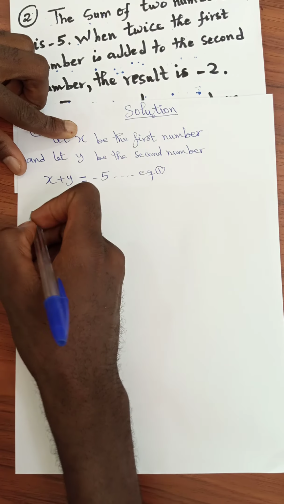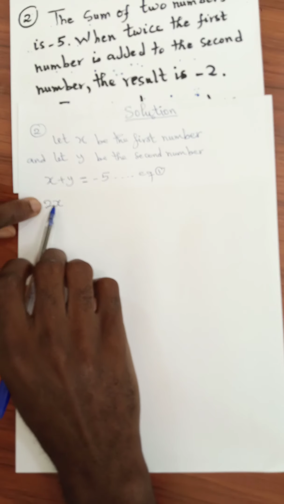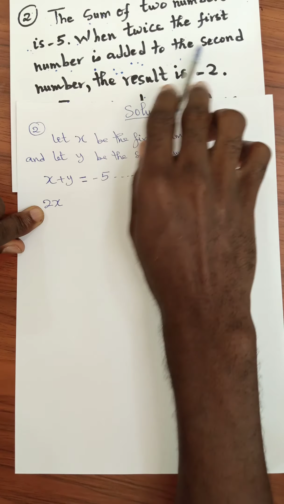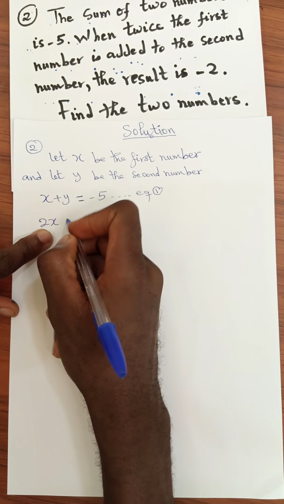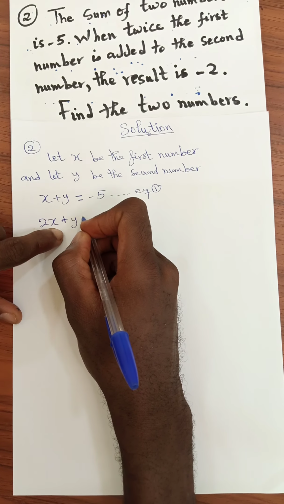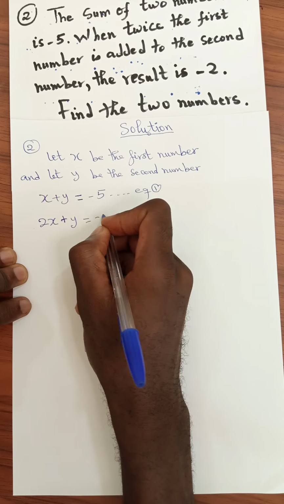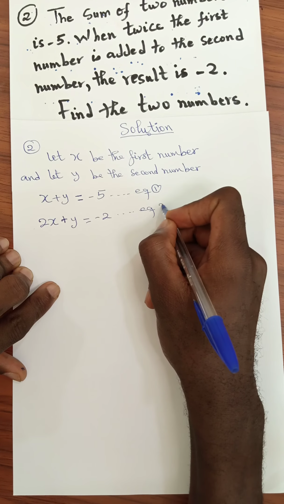When two times that number, so 2x. When twice our first number is added to the second number, which is still y, the result is negative 2. Et ceci devient notre équation 2.